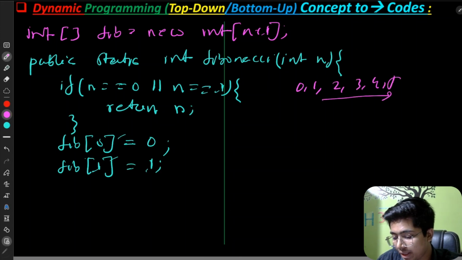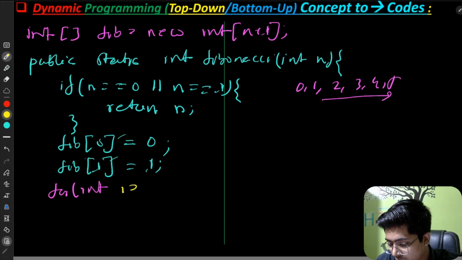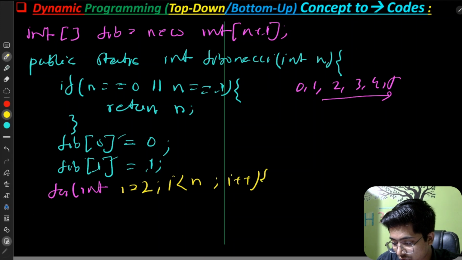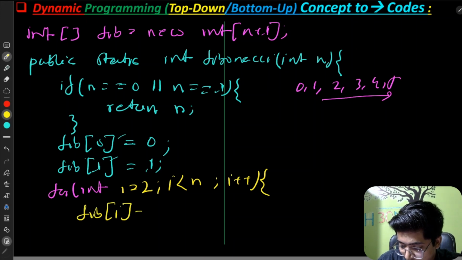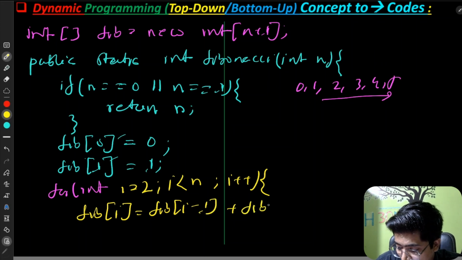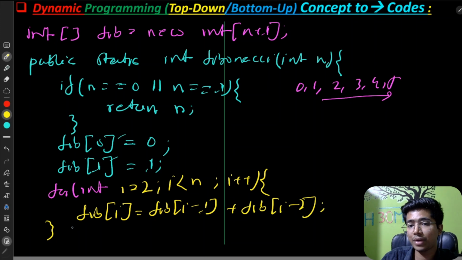So we need a loop for this. So for integer i equals to 2, i less than or equal to n, i plus plus, Fibo of i equals to Fibo of i minus 1 plus Fibo of i minus 2, because at every step the Fibonacci is the summation of the previous two steps.